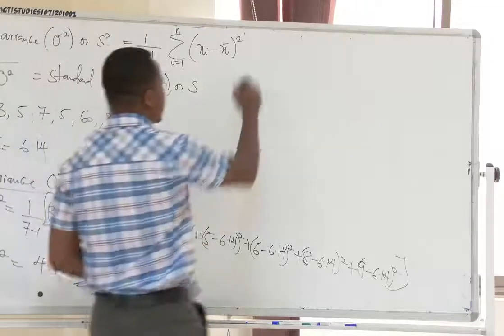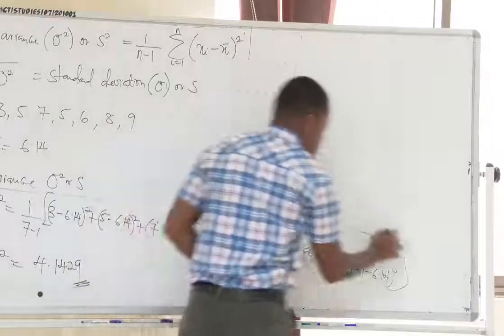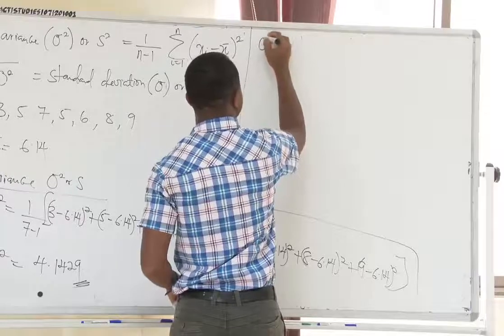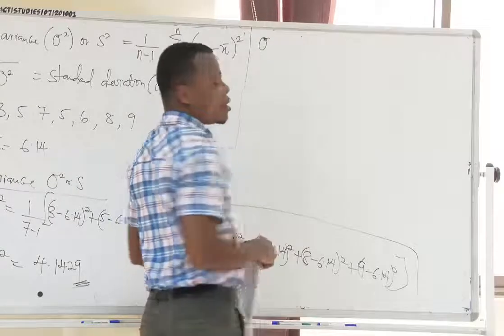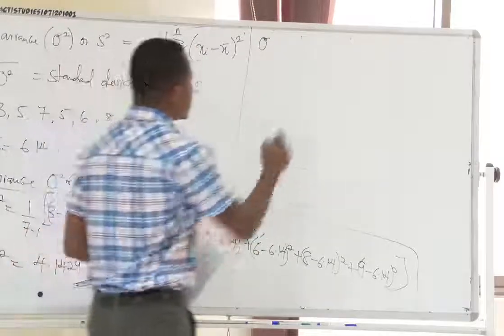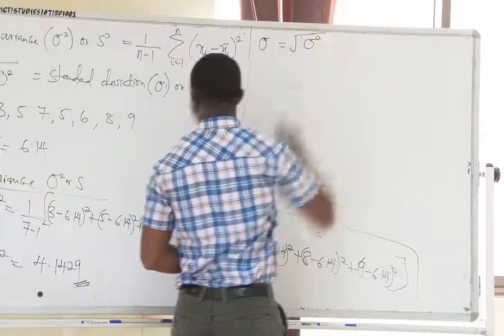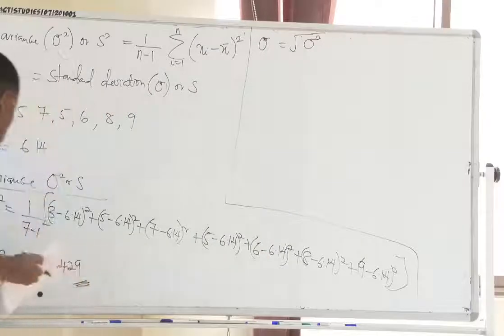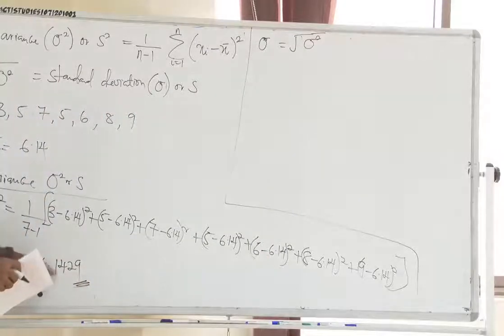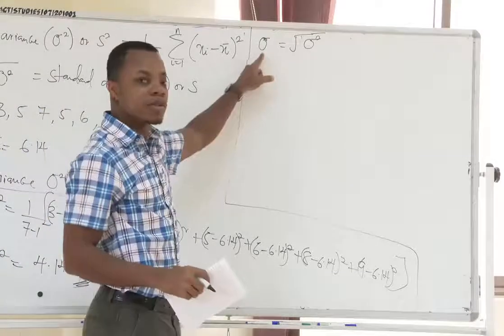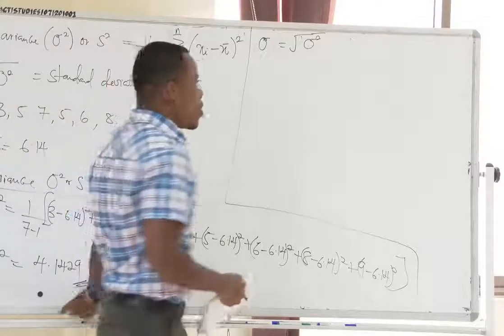Now with that said and done, let's see how we get to estimate the standard deviation. Remember, the standard deviation is sigma without any square, which is the same as the square root of the variance. We've been able to estimate our variance to be 4.1429. So for us to get our standard deviation, all I have to do is find the square root of this.